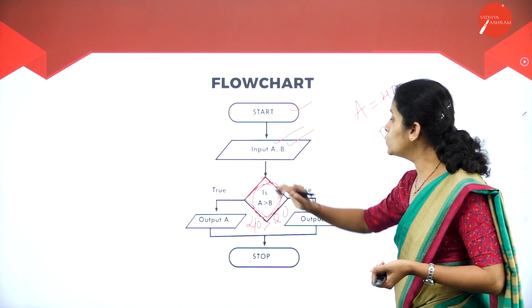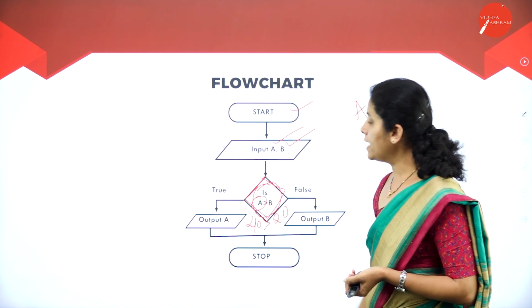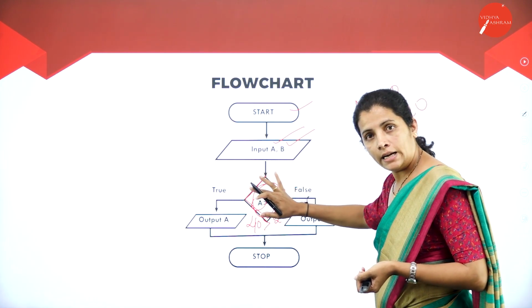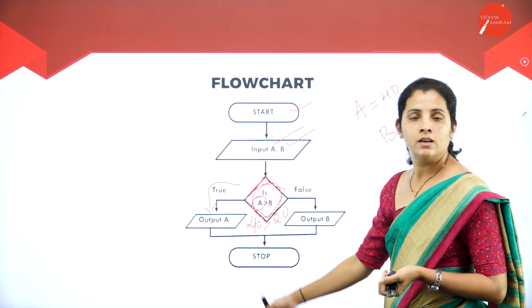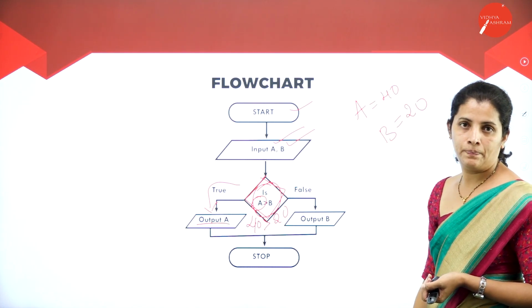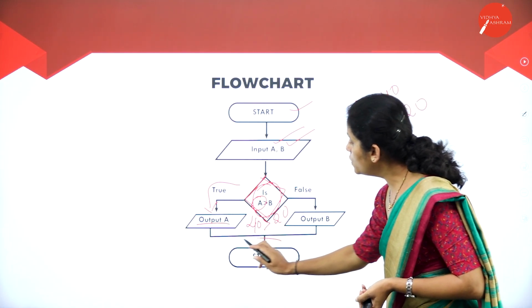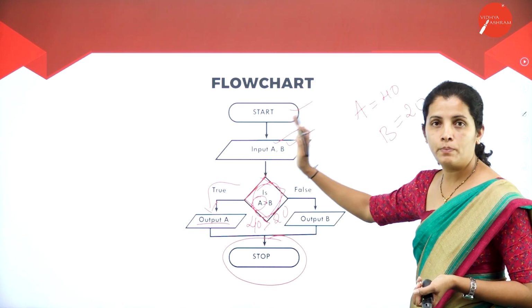When it is true, what I want to do? I want to display A's value. So when my condition is true, I'm going to display A value. So that is output A. And I'm going to terminate my flowchart or my program.